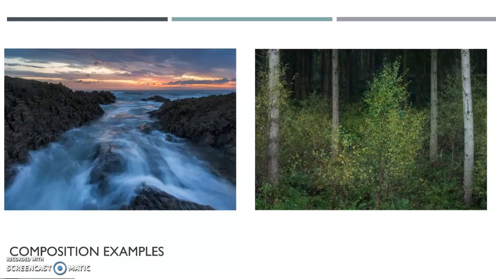Now these are composition examples which I think are brilliant. Now the first one to the left is one of my favourite photographs of his. It is the one on the rocks.